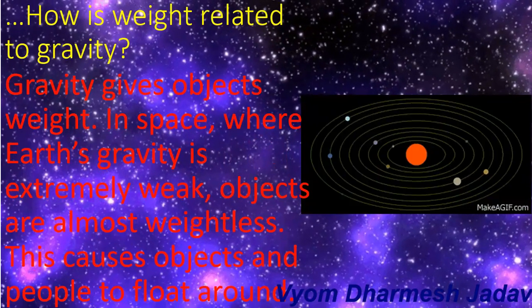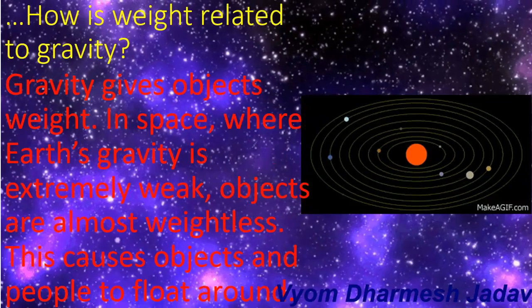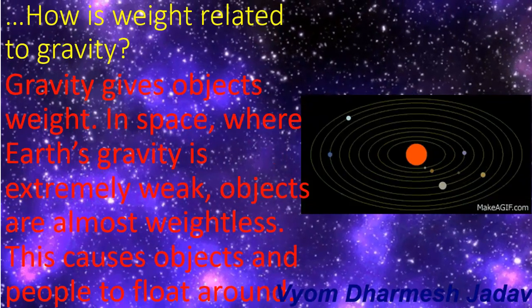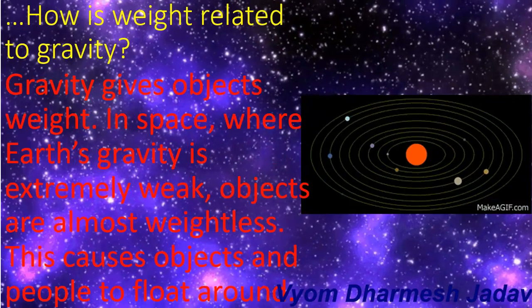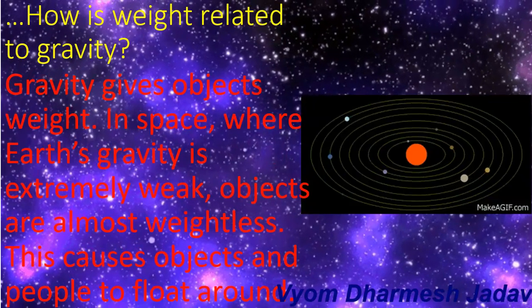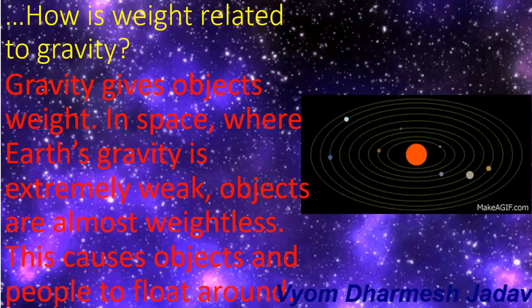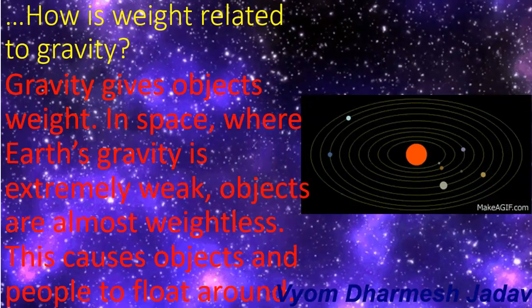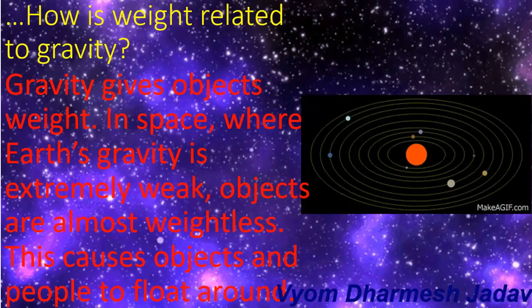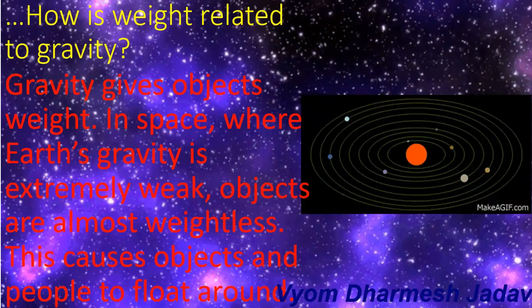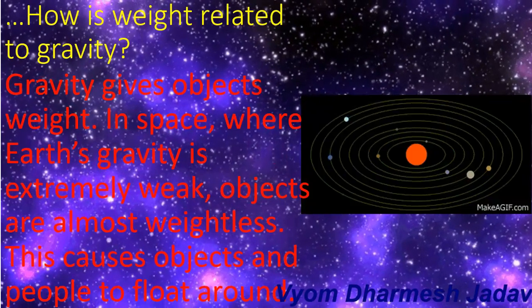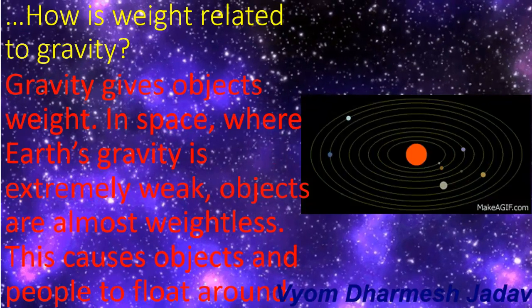In space, where Earth's gravity is extremely weak, objects are almost weightless. This causes objects and people to float around. You may have seen many movies related to space where the astronaut goes to space and, when they go out of the rocket, they feel light as a feather.